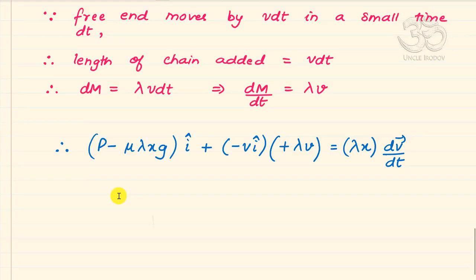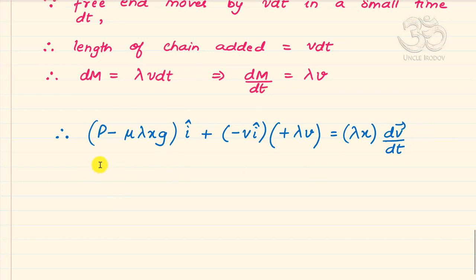Done. So therefore it implies that dv by dt is going to be, and you can divide every term by lambda x, so you are going to get p by lambda x, and because I have got I cap here and everything, I can club all these terms together and keep one I cap outside.